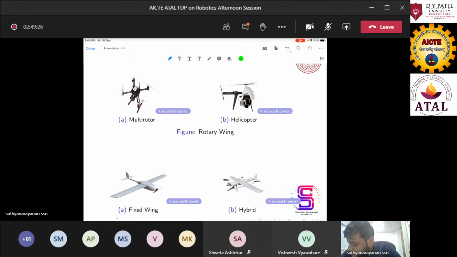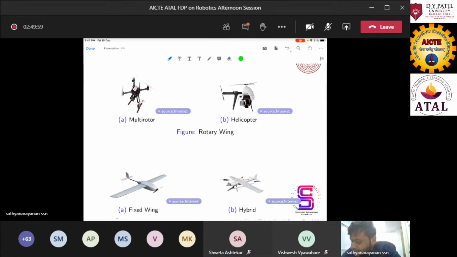Recently, there are people working on a hybrid of these two, a hybrid vehicle, and you can see this work in one of our labs in the aerospace department. Dr. Mangal sir and Abhishek sir are working on these hybrid rotary and fixed wing vehicles. Rotary and fixed wing have their own pros and cons.